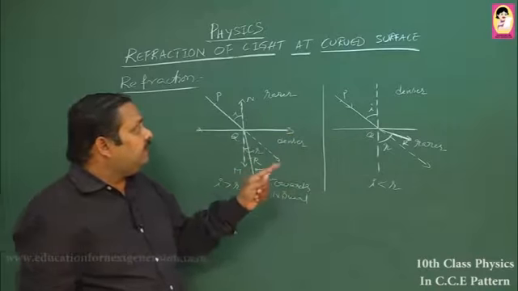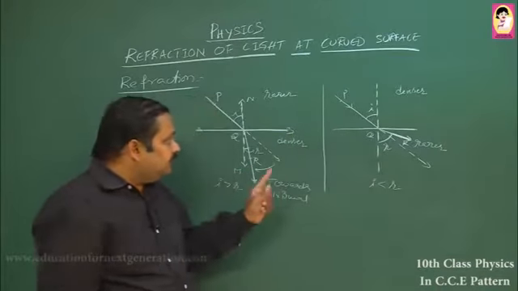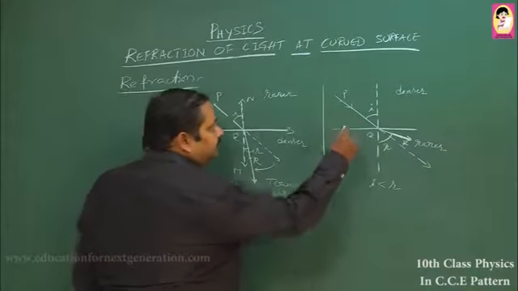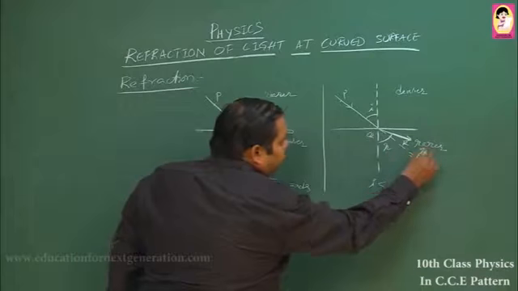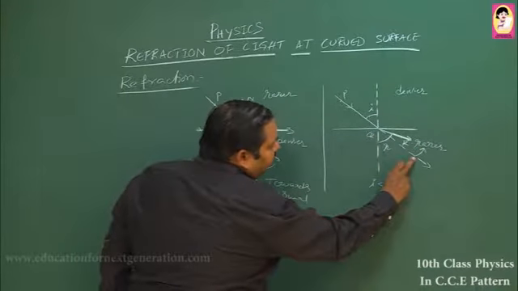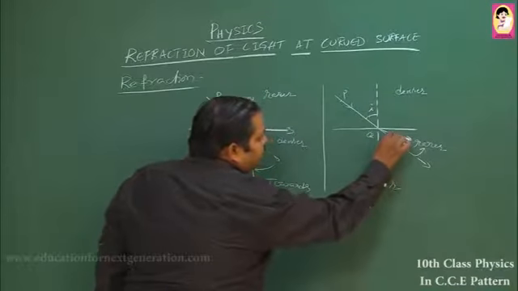Let us come to the second case. If a ray of light is entering from denser medium into rarer medium, in this case, instead of traveling in a straight path, the ray of light deflects away from the normal. This is the actual path, and it deflects like this. That means the angle of refraction is increased.